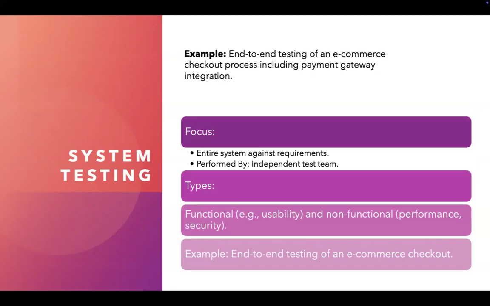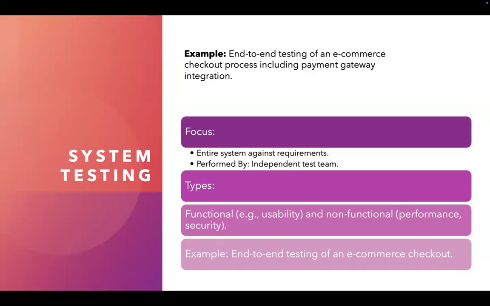System and acceptance testing. System testing comes after integration testing. Here we test the entire application as a whole to make sure that everything works together from start to finish.